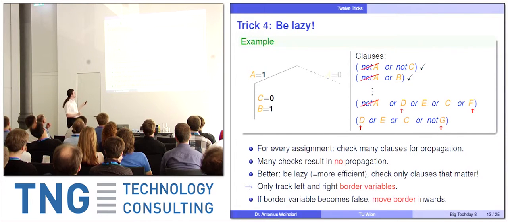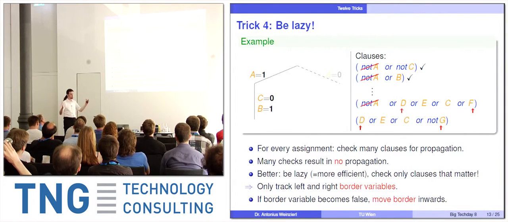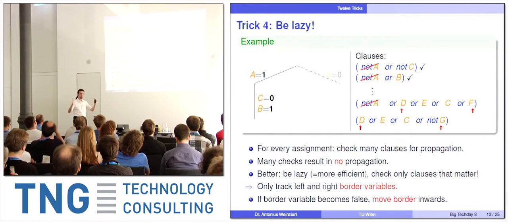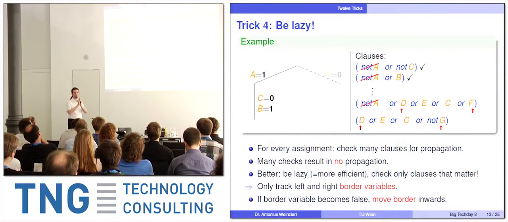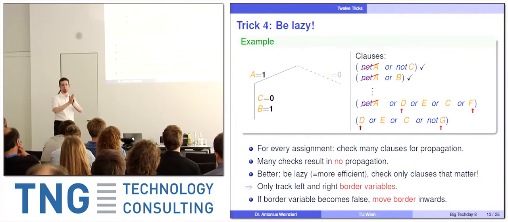And for the assignment that C is 0, in this case here we don't have to do anything. So we don't have to process any clause because C is none of the border variables. And of course, by making more assignments, we are pushing the border variables together until finally there is only one variable remaining, and then the clause is unit.